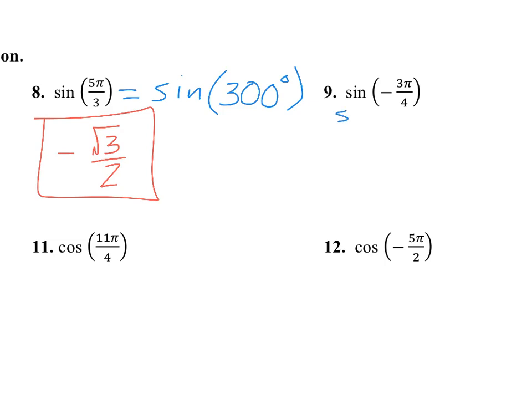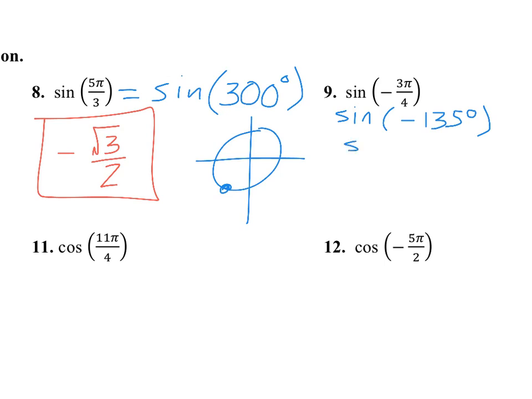Okay, replacing pi with 180. 180 divided by 4 is 45. 45 times negative 3 is negative 135. You could leave it like that and just go backwards 135 degrees, which would be right here. Or you could add 360.